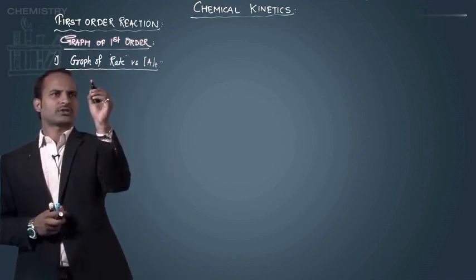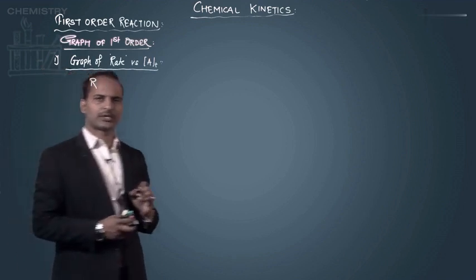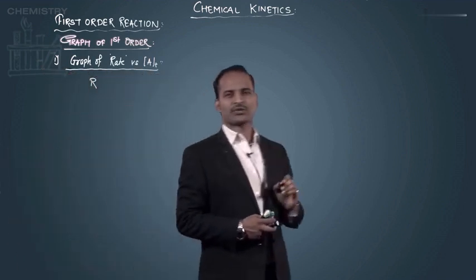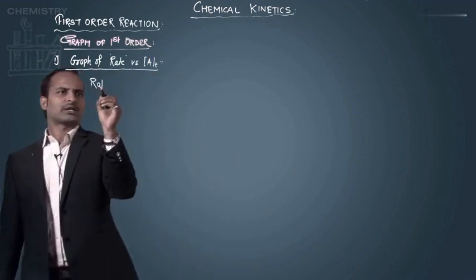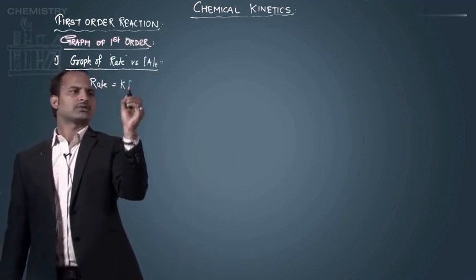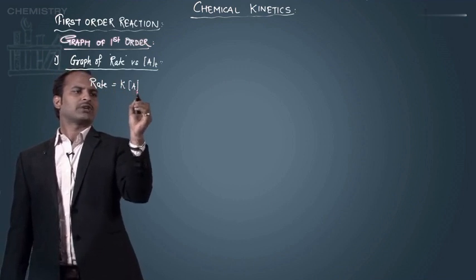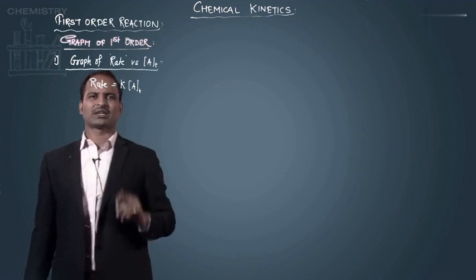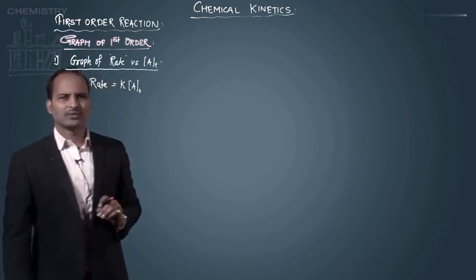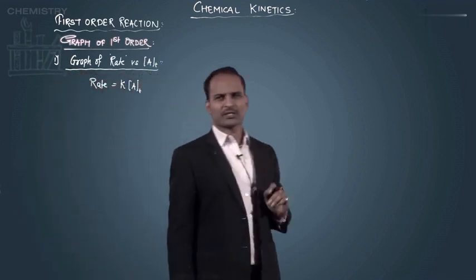Now let's see what will be the nature of the graph of rate versus At. For the first order reaction, we know that rate of reaction depends upon the concentration of reactant. And we have the relation that rate is equal to k into molar concentration of A. Instead of A, I can write At also. First order, so the power is going to be 1. So rate is directly proportional. Directly proportional means the graph is going to be linear and passing through origin.